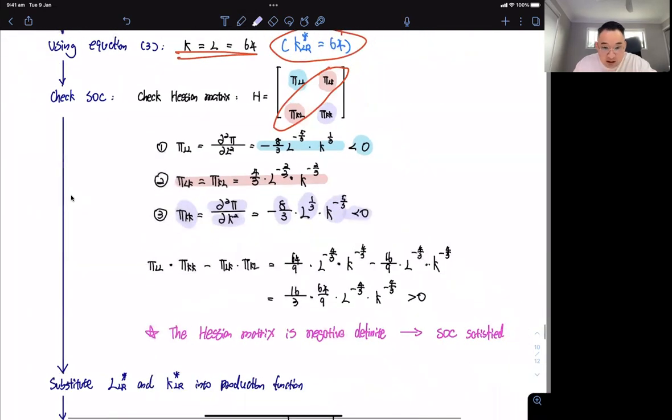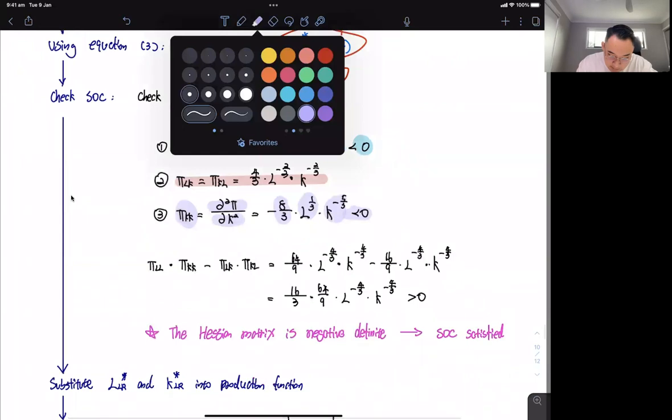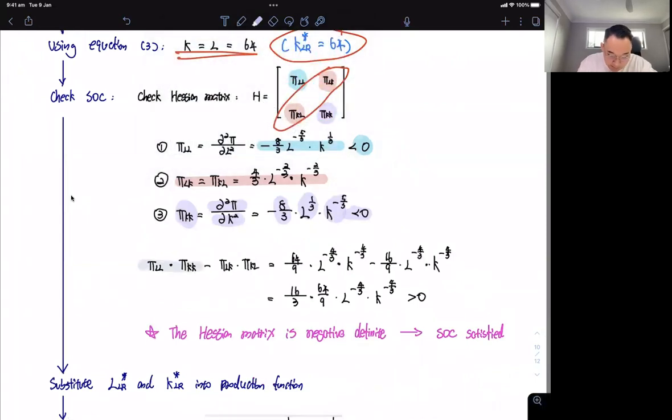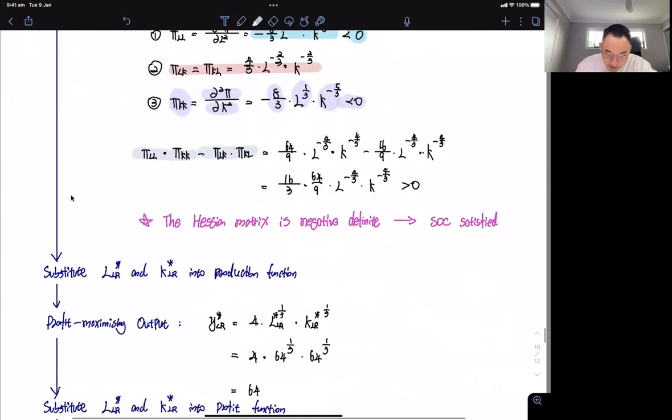Now we check whether we have our own effect greater than cross effect. How do we check that? It's simply by letting pi LL times pi KK minus pi LK times pi KL. If we derive this, this is simply 16 over 3 times 64 over 9 times L to the power of minus 4 over 3 times K to the power of minus 4 over 3.